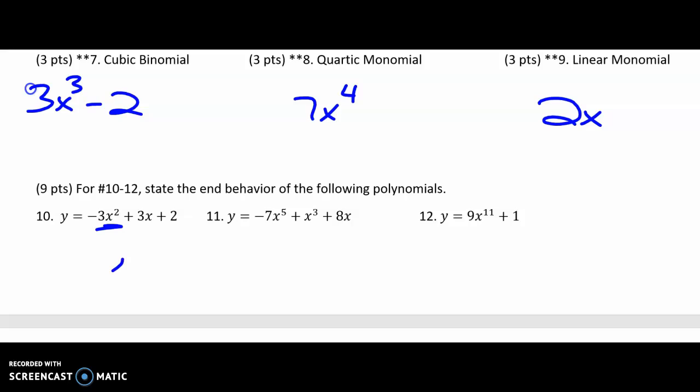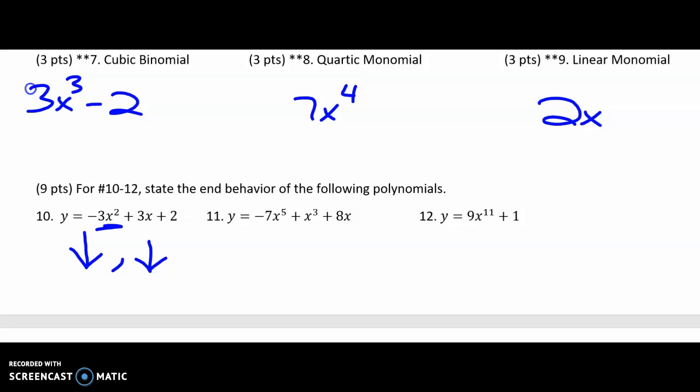That tells me that the right side goes down. Okay? Then I look at the exponent. When I look at the exponent, is it even or is it odd? In this case, the exponent is 2. That is an even number. Even means to do the same thing that you did on the right side. So I was down on the right, I'm also down on the left.